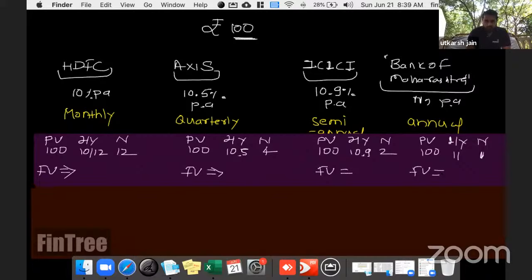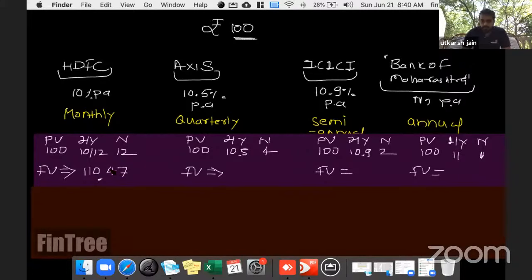HDFC future value is 110.47. Axis future value is, come on guys, keep on posting the values on the box, please. Vikram, Madhuresh, Navin, Roshni, Shetty.